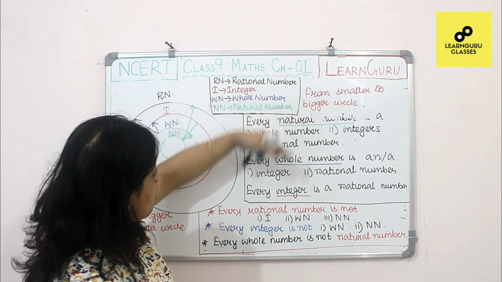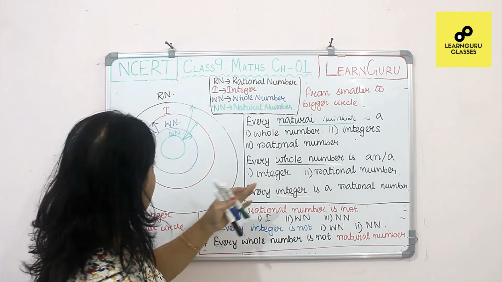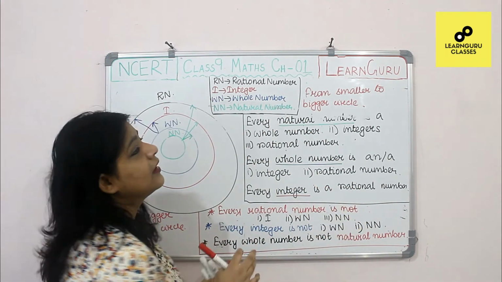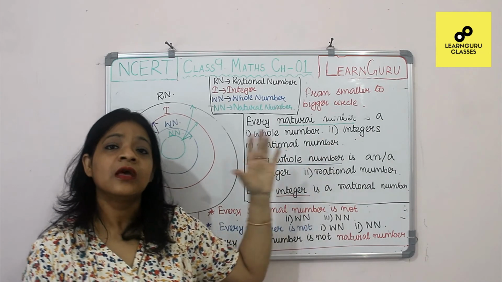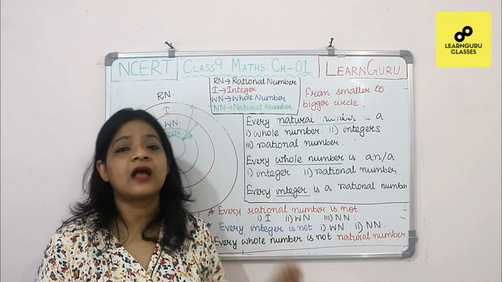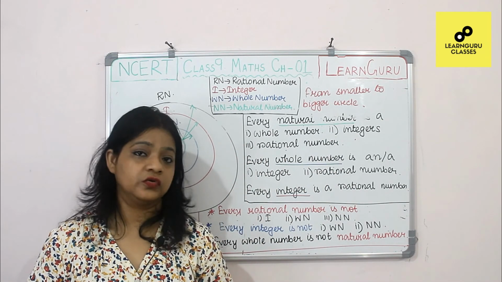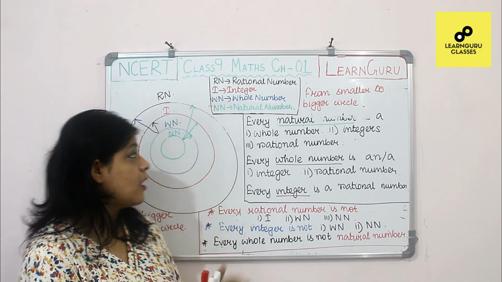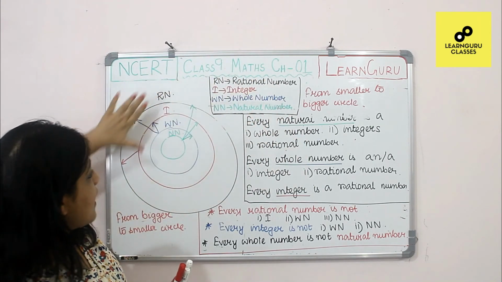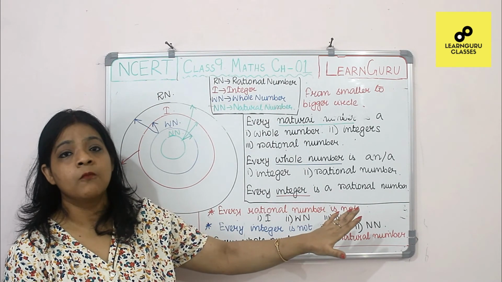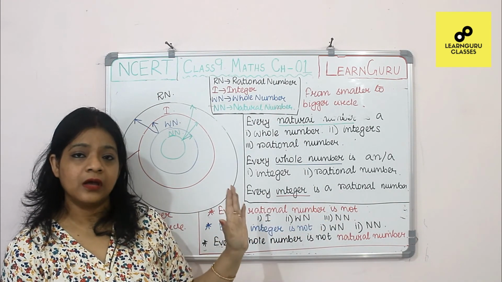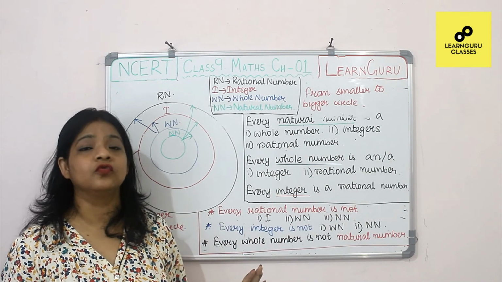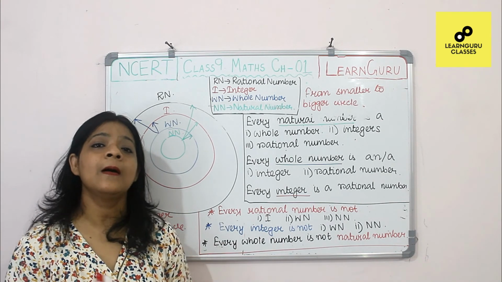So if you have a better idea about this diagram, about the entire thing, then I think solving statements of any kind will not be a problem for you. I request you to pause the video and copy the entire thing written on the board and paste it on the wall, so that everything is clear to you like a picture.